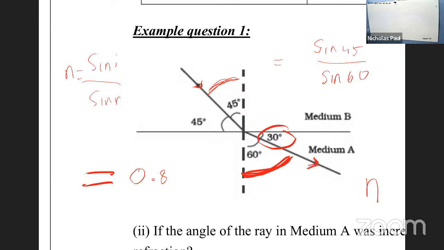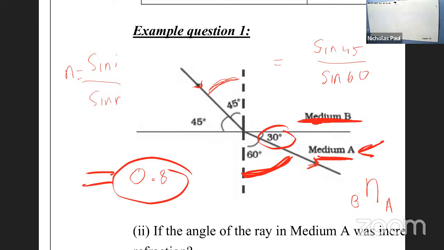So it's the refractive index, but look at where the ray is going. The ray is going from B into A. So it's the refractive index of A with respect to B. Because if I were to change medium B and leave medium A, its value here will change.